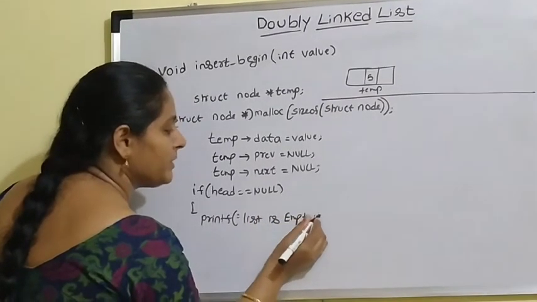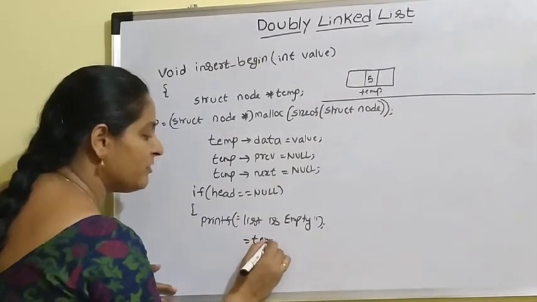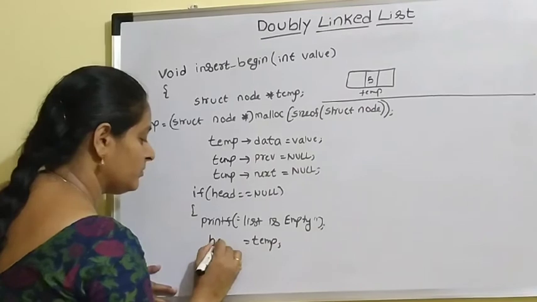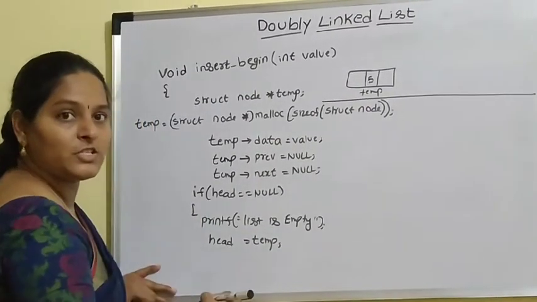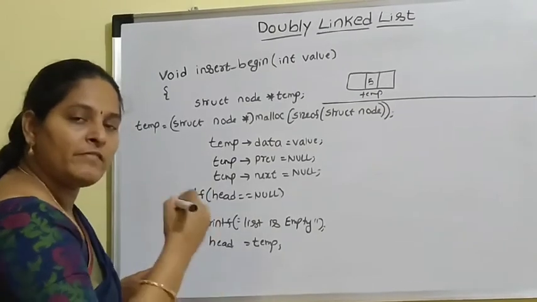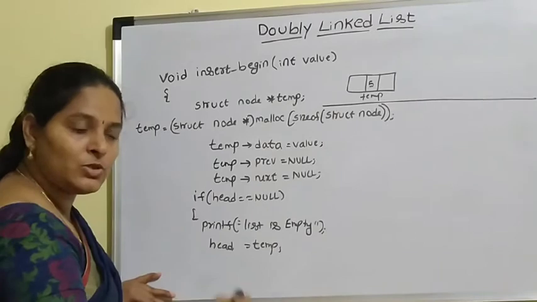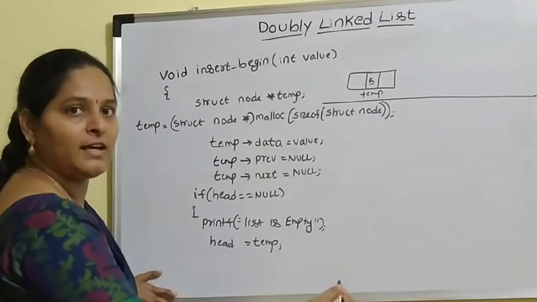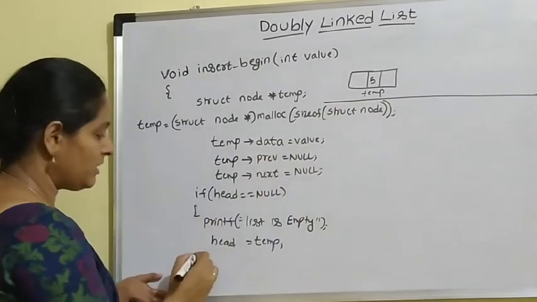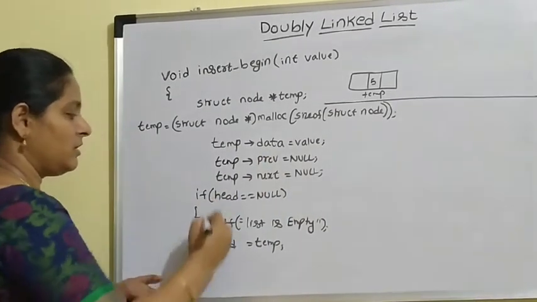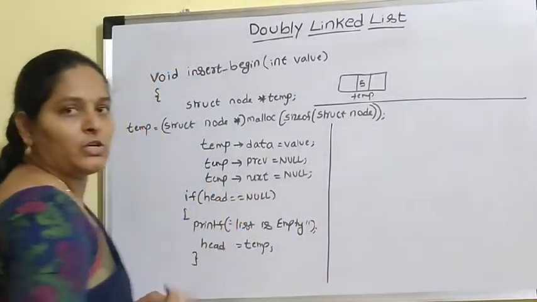Then our inserting node temp will be the head node. If it is the first node, the previous part contains a null value, and if it is the last node, the next part contains a null value. Anyway, that I have already written here. So this is the condition for checking whether the list is empty or not.